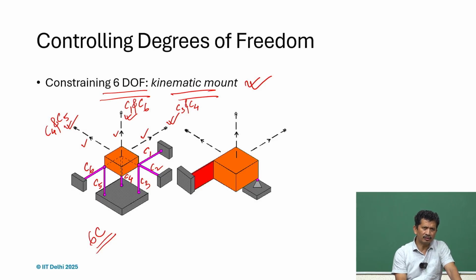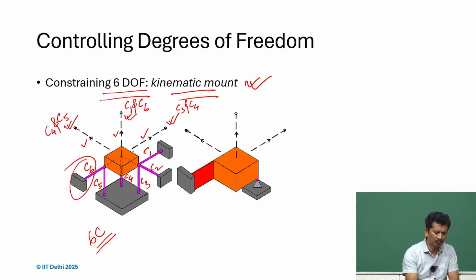Later we will also be talking about equivalent designs, equivalent configurations, and at the conceptual stage many of the configurations are equivalent and it does not matter where it is placed. So, for instance, in this case C6 can be placed on the other side also. So, again it is equivalent and it does not change anything if it is moved here.